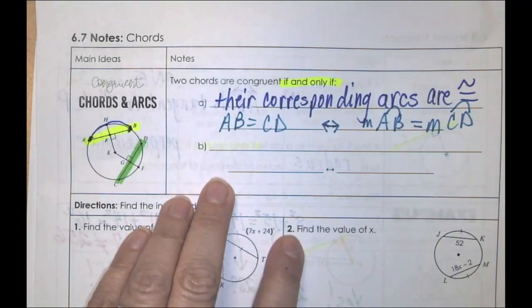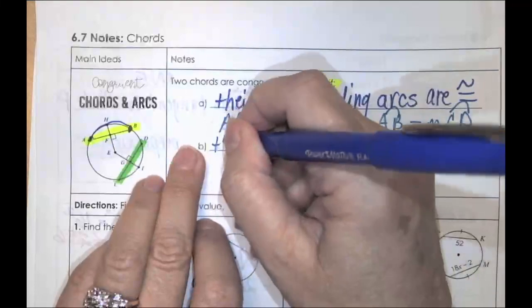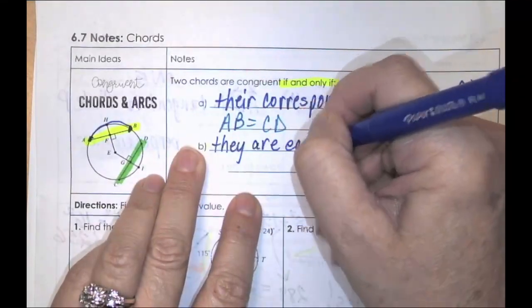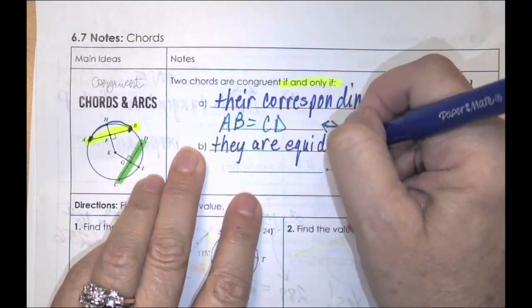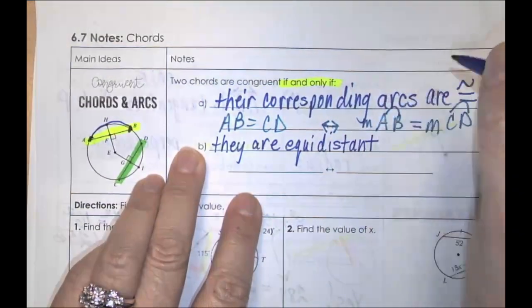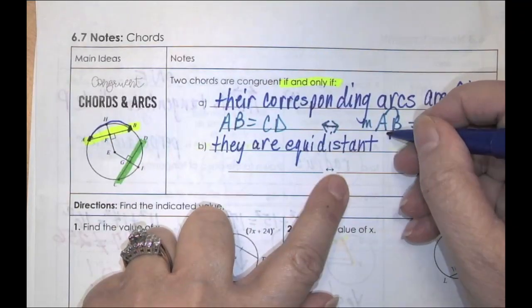The second condition is that the two chords are equidistant. Remember that word starts with equa, which would mean equal or same, and distant would be the distance. So they are equidistant from the center.